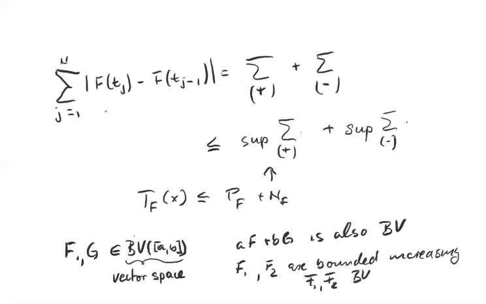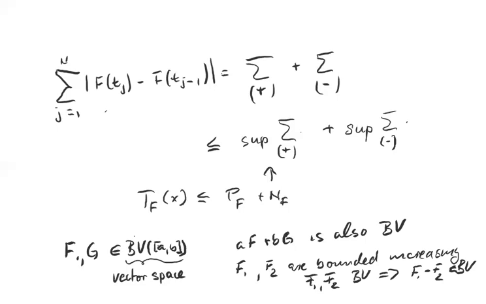And this implies F1 minus F2 is of bounded variation. So the increasing functions do not form a vector space because you can't subtract. And even if you generalize it to all monotonic functions, they don't form a vector space.